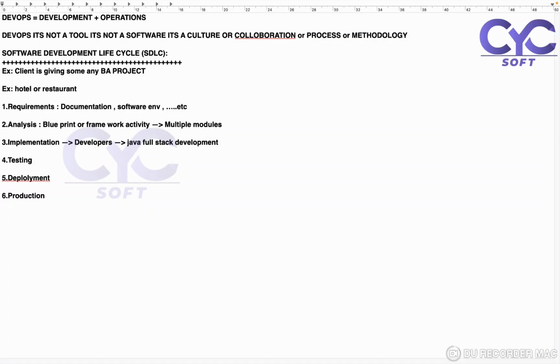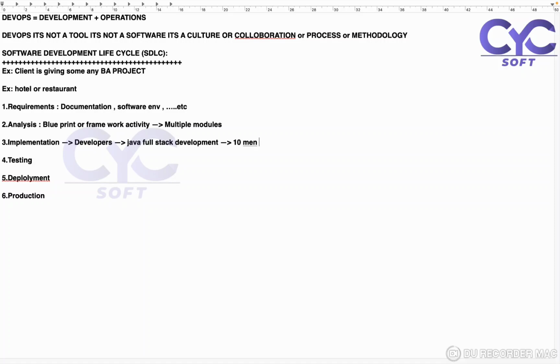A single person can't do the entire project. Definitely we have a team. So suppose the developers are some 10 members. In these 10 members, everyone will take a part according to the modular evaluation.